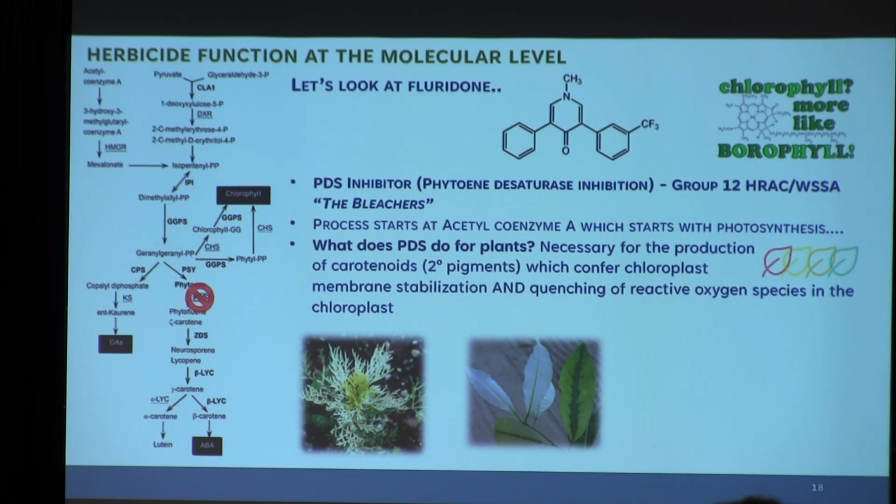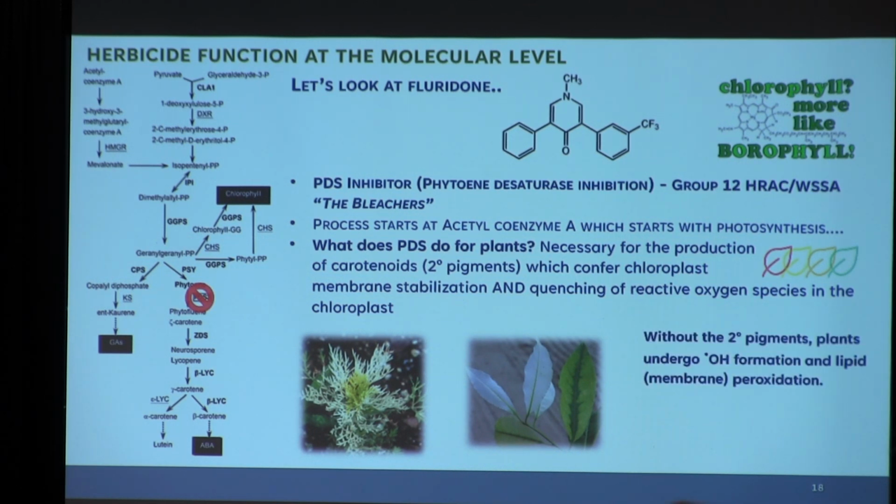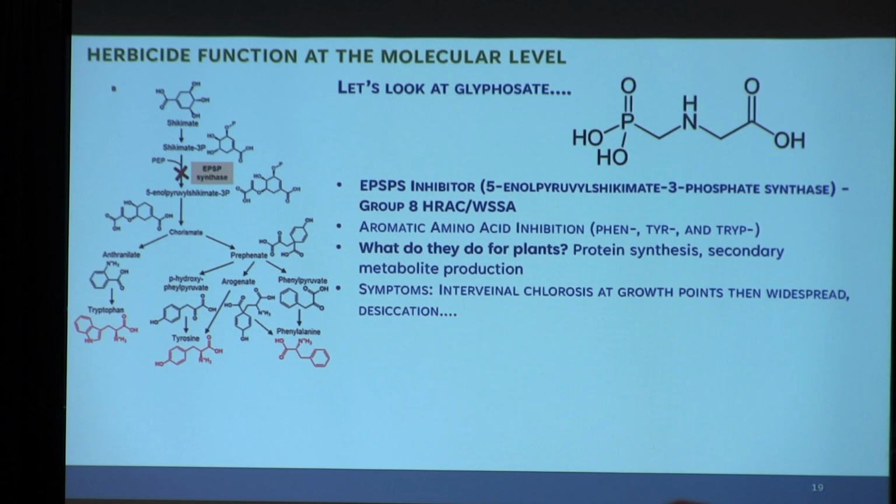So it's really good diagnostic to get in the field if you're trying to figure out what happened. If you see white, bad news. So without secondary pigments, again, the plants can't step down that sunlight energy from chlorophyll. They form free radicals. Anybody want to guess what happens next? They die.